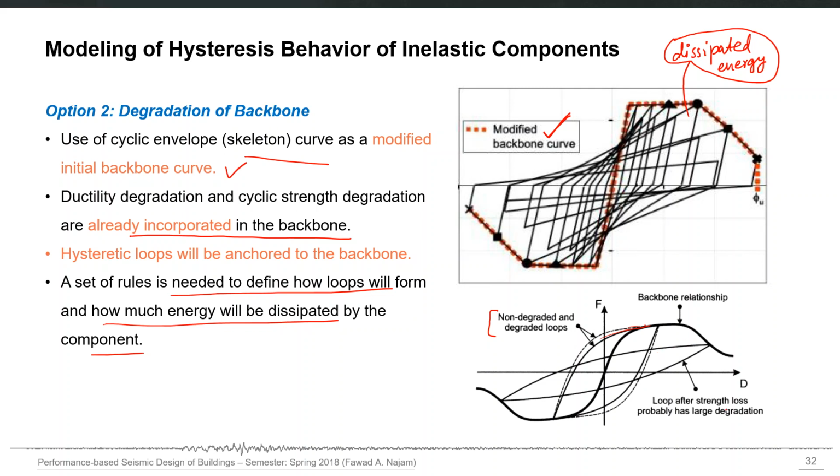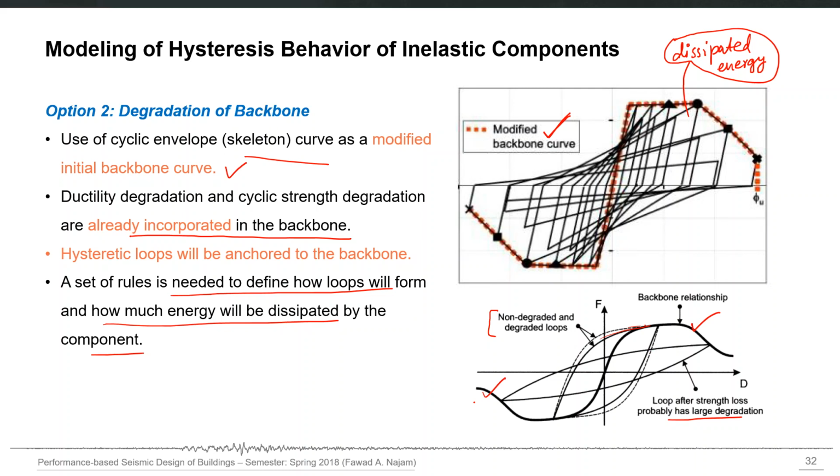So the loop after strength loss probably has large deformation. So although the stiffness has significantly degraded, the loop is still anchored to the initial backbone. The loading and unloading is still from one solid black line to the other solid black line.